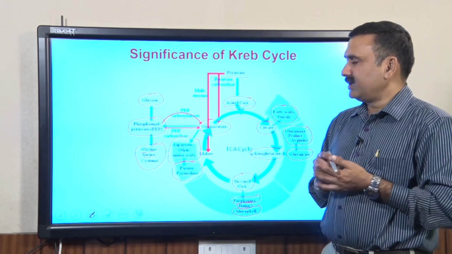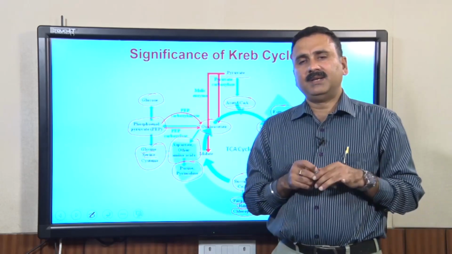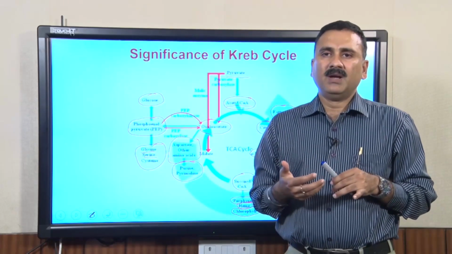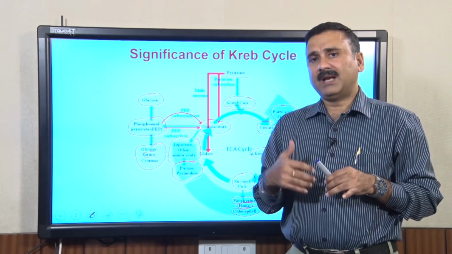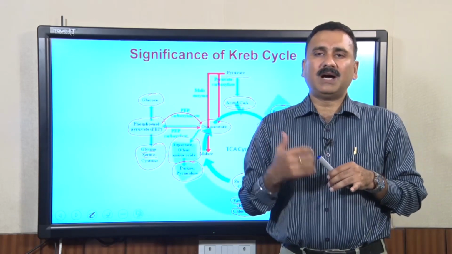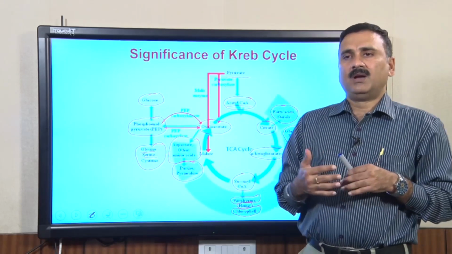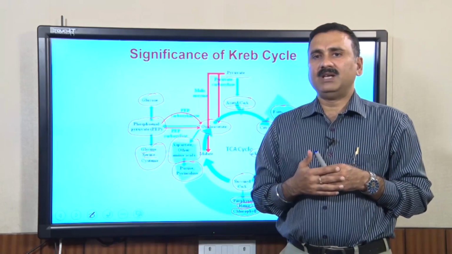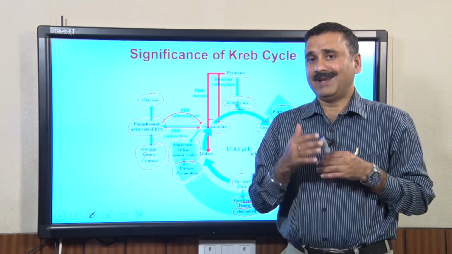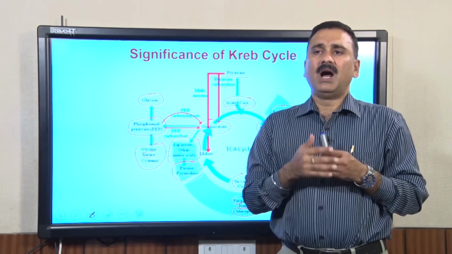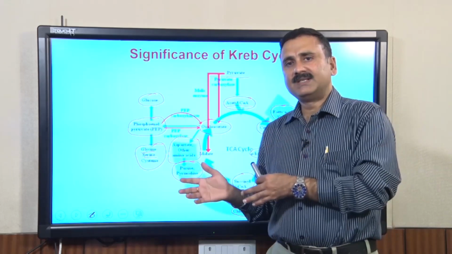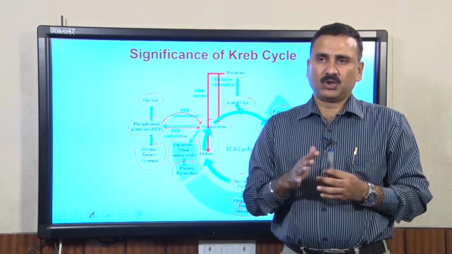But these are the things which the Krebs cycle is doing when oxygen is present, because the Krebs cycle is producing a large quantity of NADH, FADH, and GTP. These NADH and FADH which are generated in the Krebs cycle need to be oxidized in the electron transport chain.